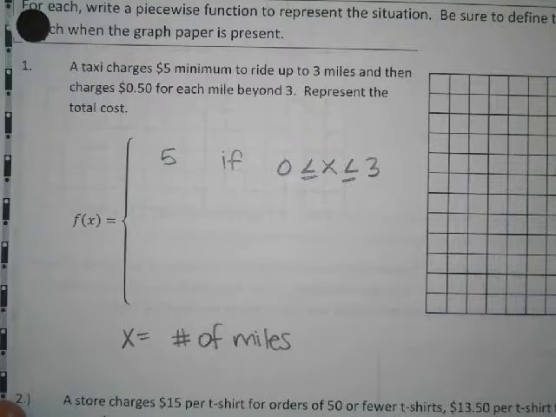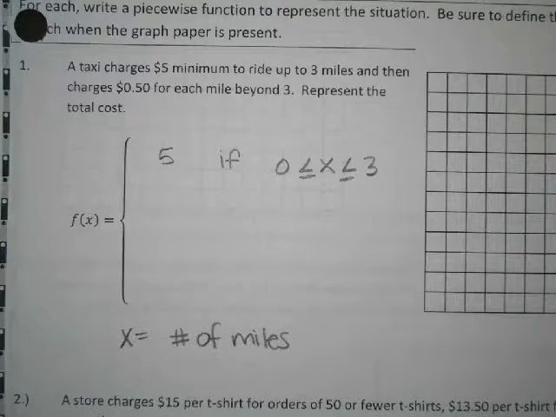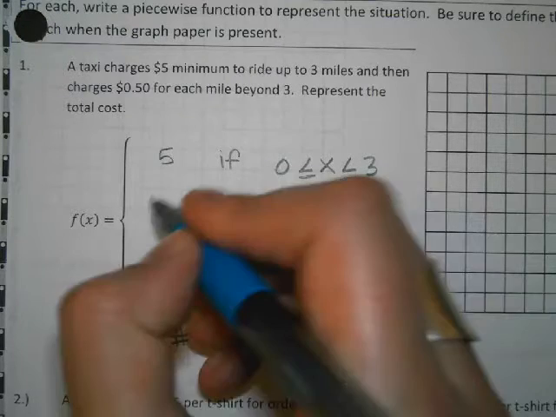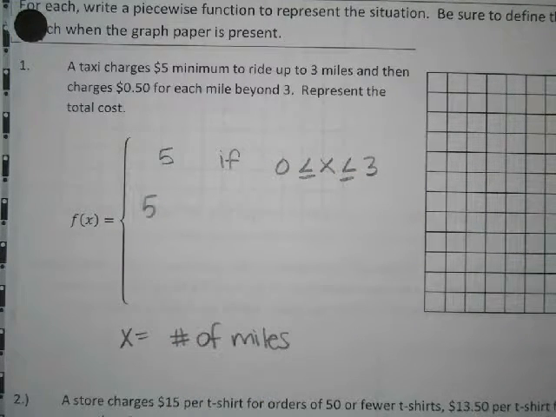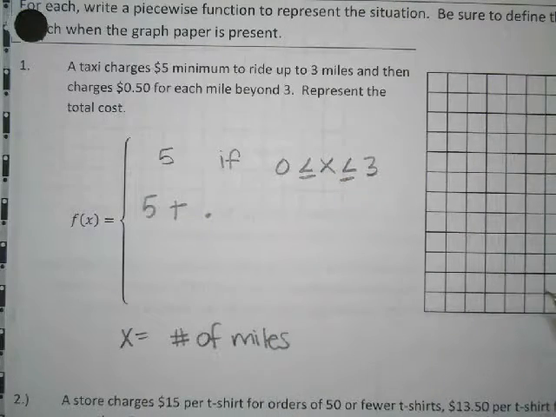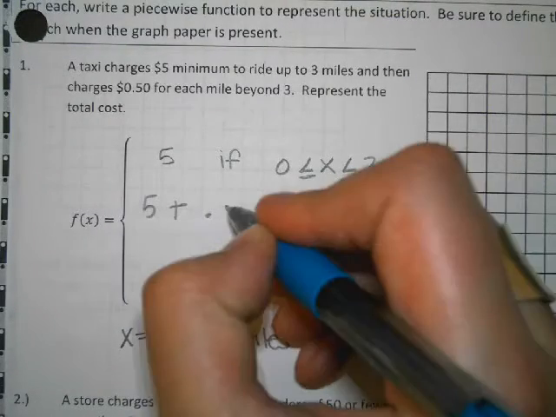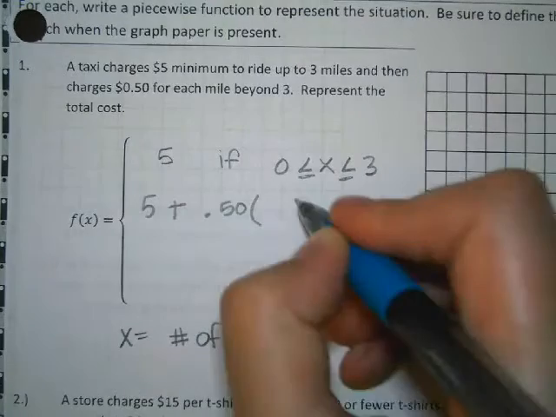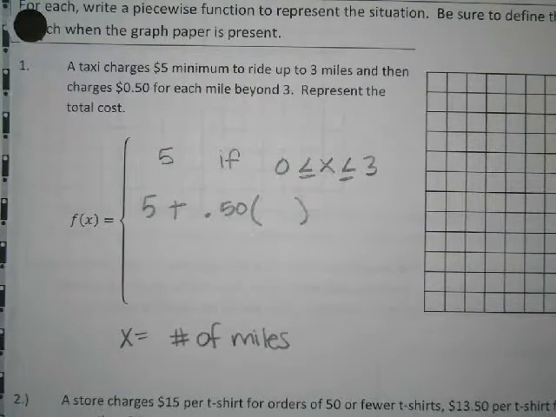And then they charge 50 cents for each mile that's beyond 3. Okay? So you're going to pay the $5 plus, how much more do you pay? 50 cents. And then do you guys remember from the video what I put in there?